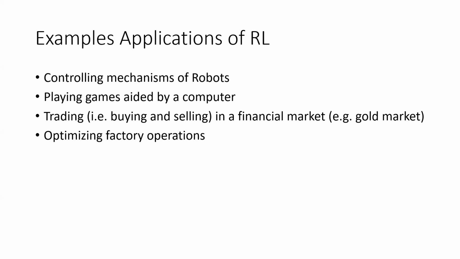Operations means how things are happening in a physical way, and reinforcement learning techniques can be used to automate them and learn how to do them in the most optimum way, right? By looking at the outcomes, you can modify the actions that should be taken depending on the state, and reinforcement learning can be used to optimize factory operations.